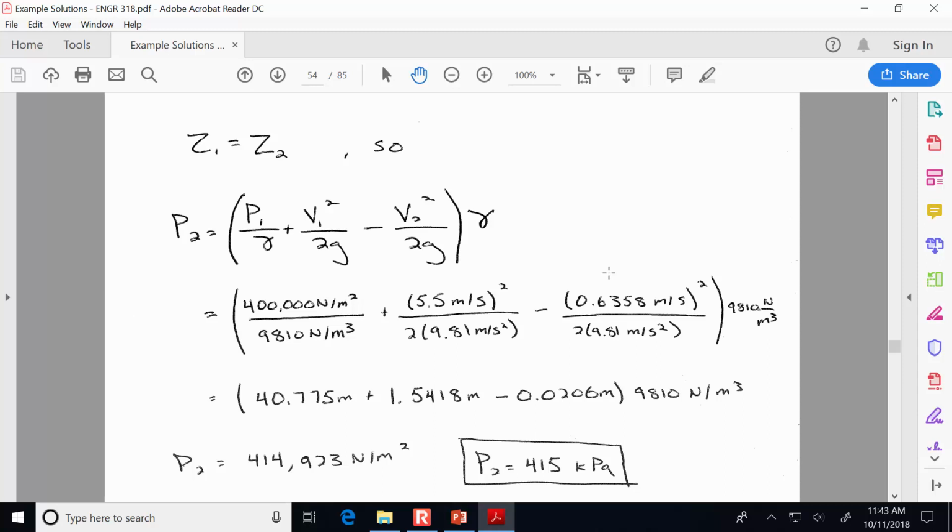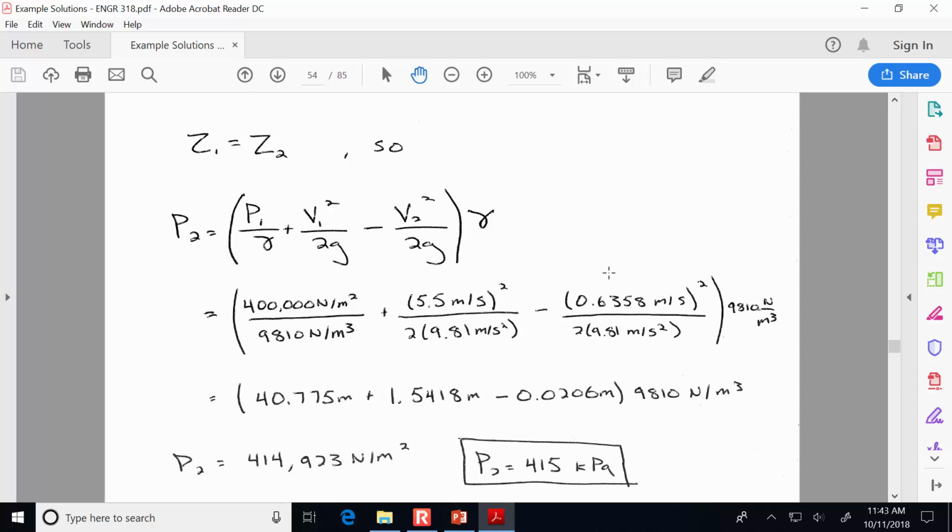A relatively smaller fraction of the energy existed as the velocity head. You know, if we calculate it, it's only about 1.54 meters of energy that's as the velocity head. So there's not that much energy in the velocity head. It gives up most of it because the velocity at location 2 is so much lower, where it's only going 0.6358 meters per second.